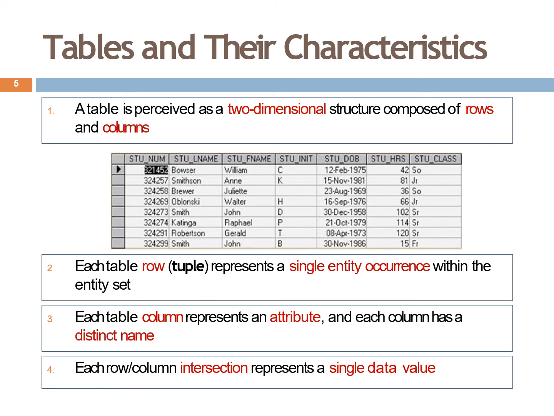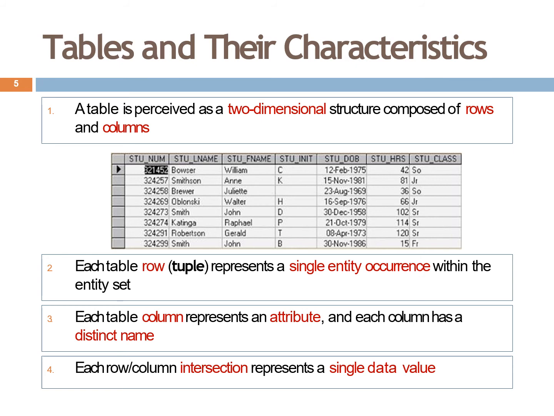Maksudnya, satu row, satu baris adalah satu kewujudan entity tersebut. If we look at the table in the slide above, you can see there's 1, 2, 3, 4, 5, 6, 7, 8 entity occurrences, meaning that 8 students in the database as shown in the table.